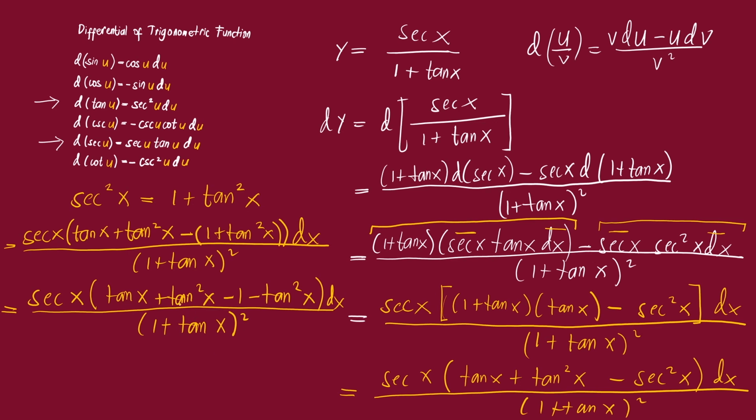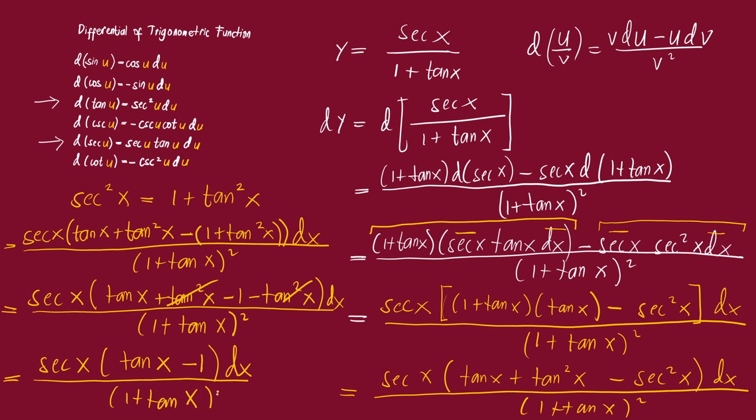You can cancel this out, right? Tangent squared x minus tangent squared x cancel out. What remains is tangent x minus 1. So this will be secant x times tangent x minus 1 dx all over 1 plus tangent x squared. So this will be our final answer for the derivative of secant x.